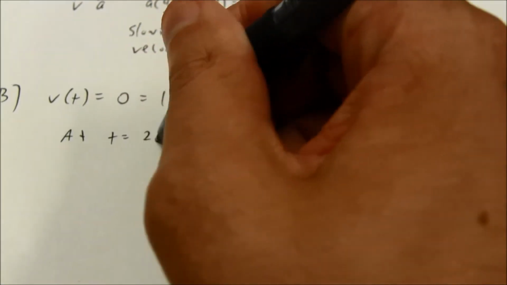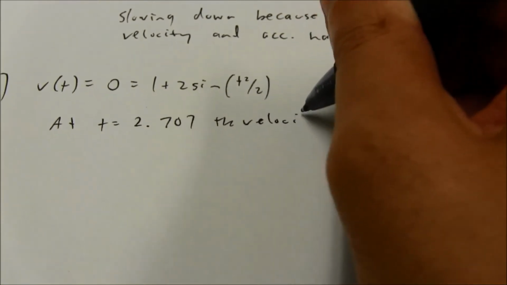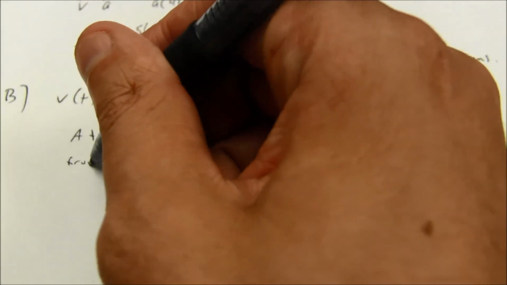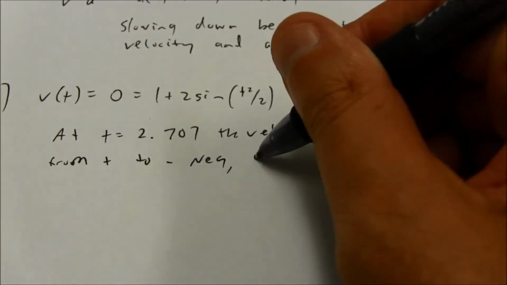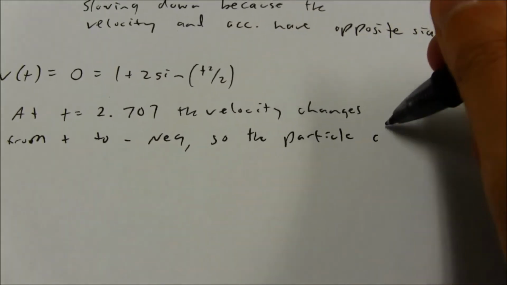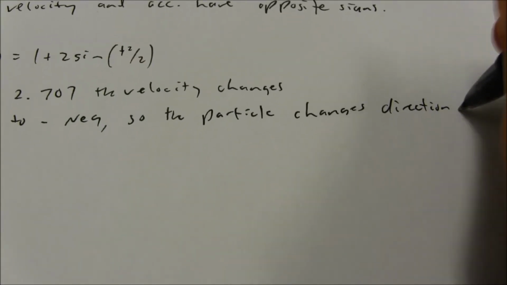So I can say something like at t equals 2.707, the velocity changes from positive to negative, so the particle changes direction.